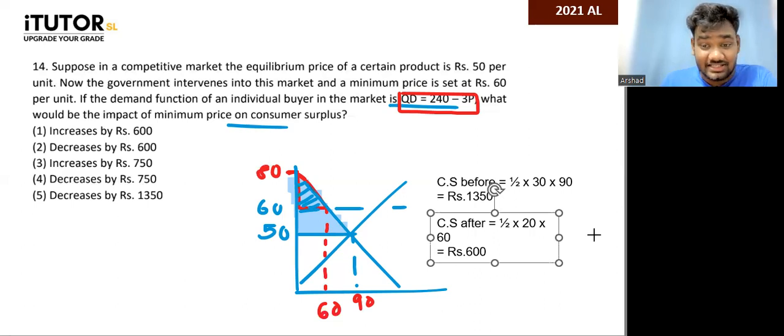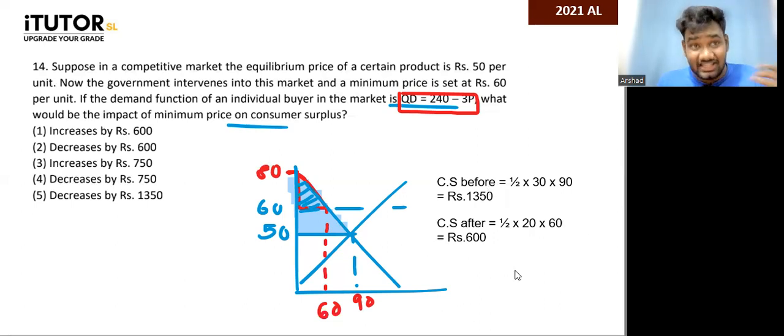Impact is not the consumer surplus after. So impact is, has it increased or decreased? Increased or decreased by how much? It has decreased by 750. So the fourth one will be your answer. Decreases by 750. That's the 21 paper.